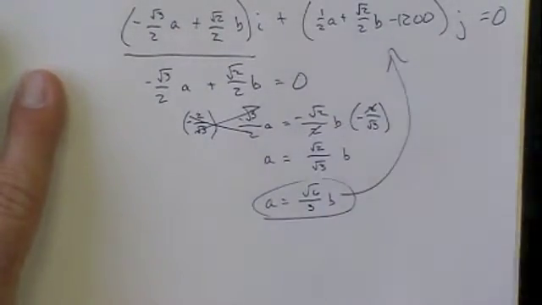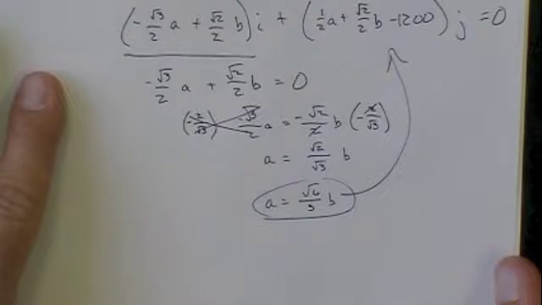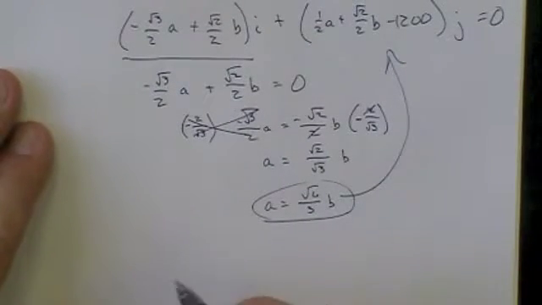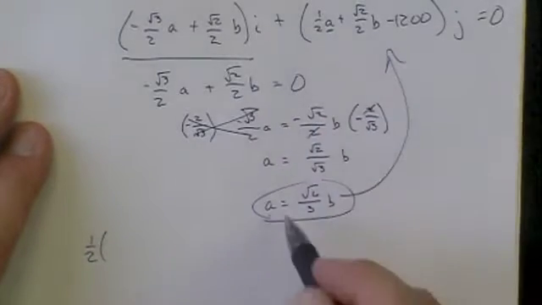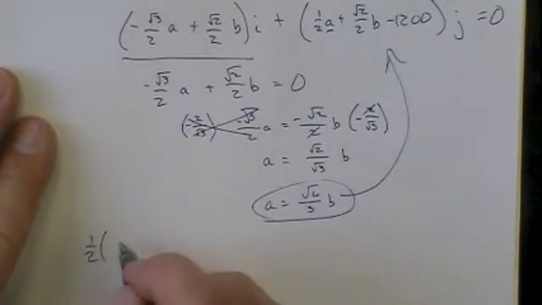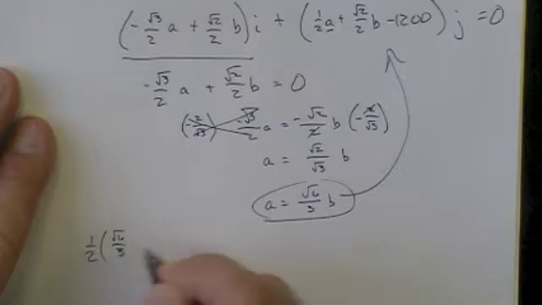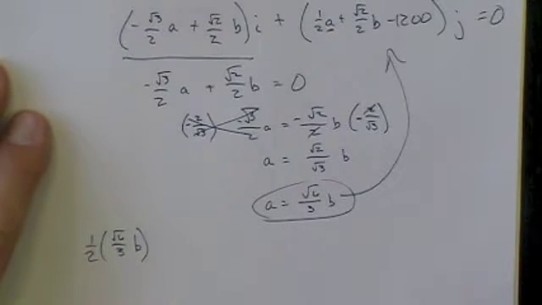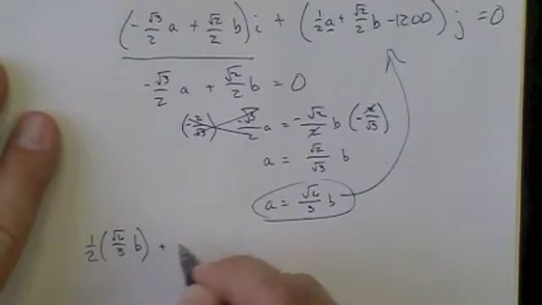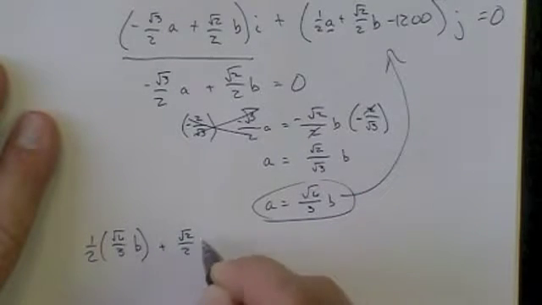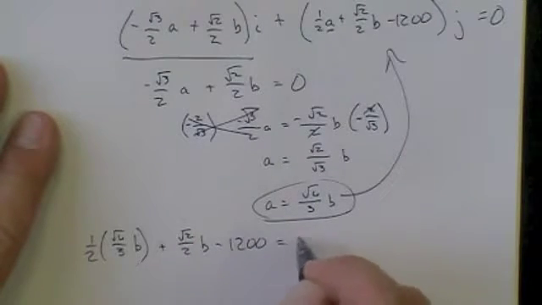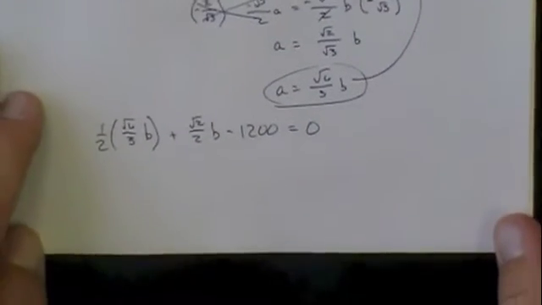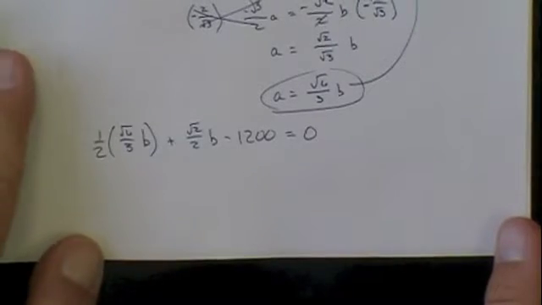Now we're going to plug that back in to this side. So what we would have is 1/2, and instead of a, we're substituting in square root of 6 over 3 b for our a value. We still then have plus square root of 2 over 2 b minus 1200. We're setting this now equal to 0. And now for this, we can solve for b.